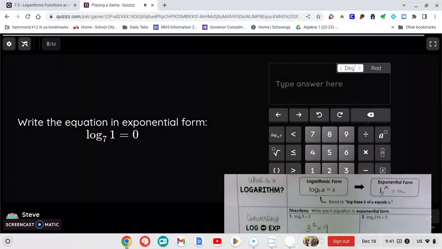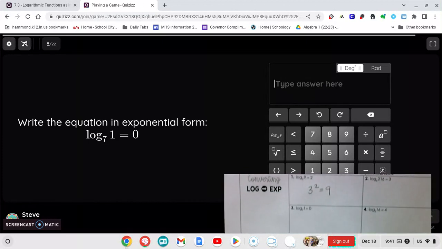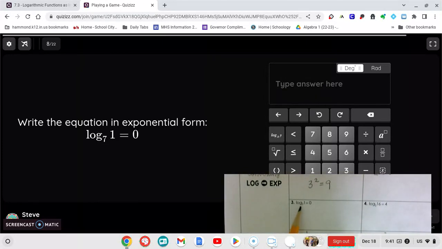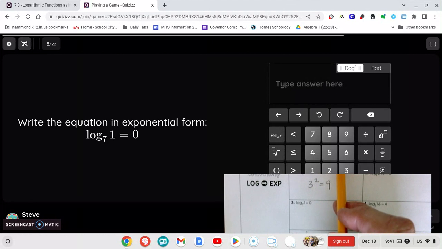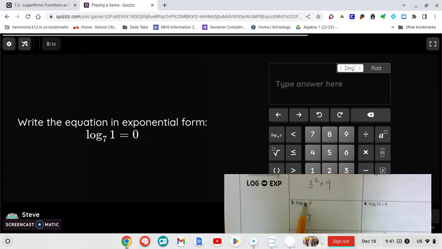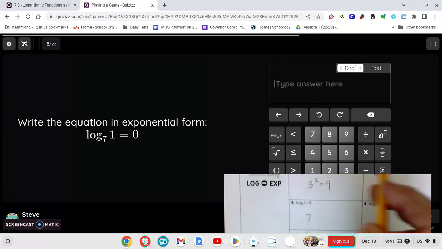Let's try another one. This is item number 3 on your notes page. Take the expression log base 7 of 1 equals 0, and we want to write that in exponential form. These are not as obvious as the 3, 9, and 2, so let's fall back on what we know about the conversion. Log base b of a equals x: the base is always the base, 7, and the log is the exponent.